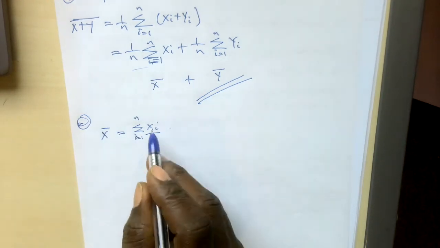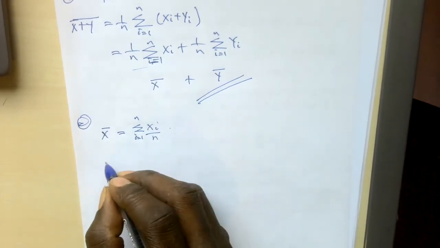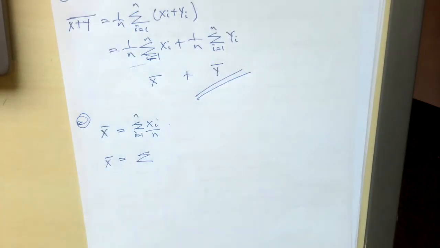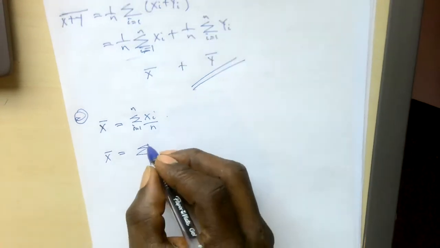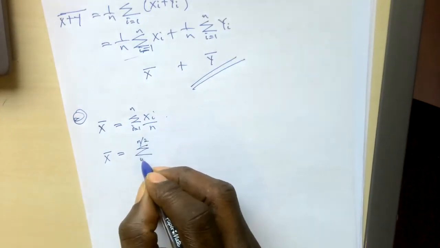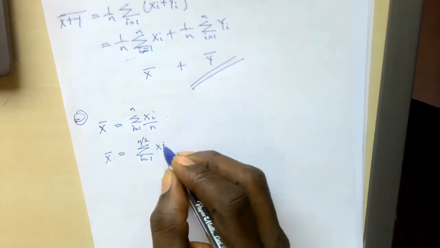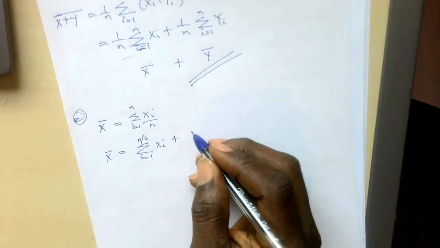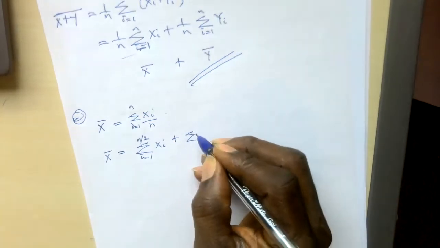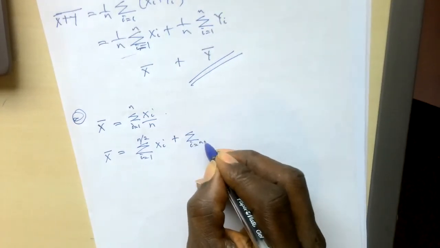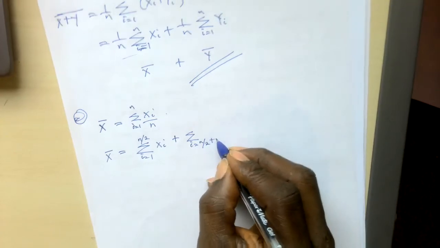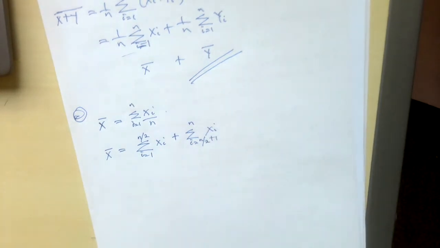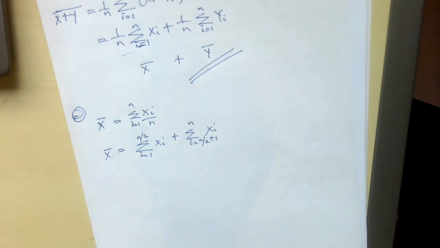Then we can expand this to be x bar equals the summation from i equals 1 to n over 2 of xi, plus the summation from i equals n over 2 plus 1 summing to n of xi, right?